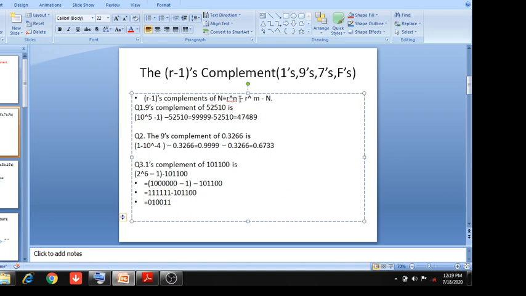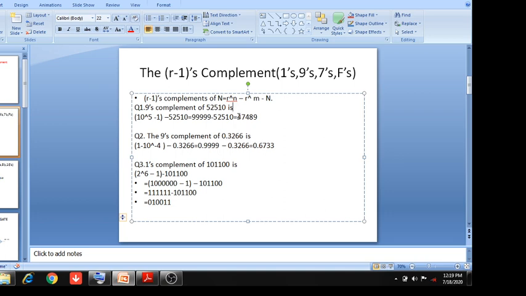R to the power n means 10 to the power 5 minus 1. Why we are taking 10? Because 9's complement, 9's means 10 minus 1, so base is 10. 10 to the power 5 minus 10 to the power 0. 10 to the power 0 is nothing, it is 1, because value of m is 0. Minus 52510 equal to 99999 minus 52510.